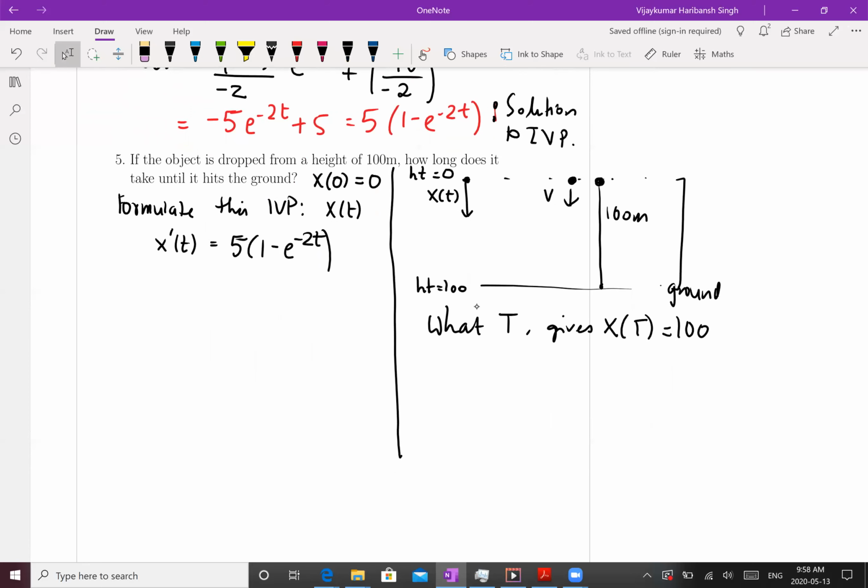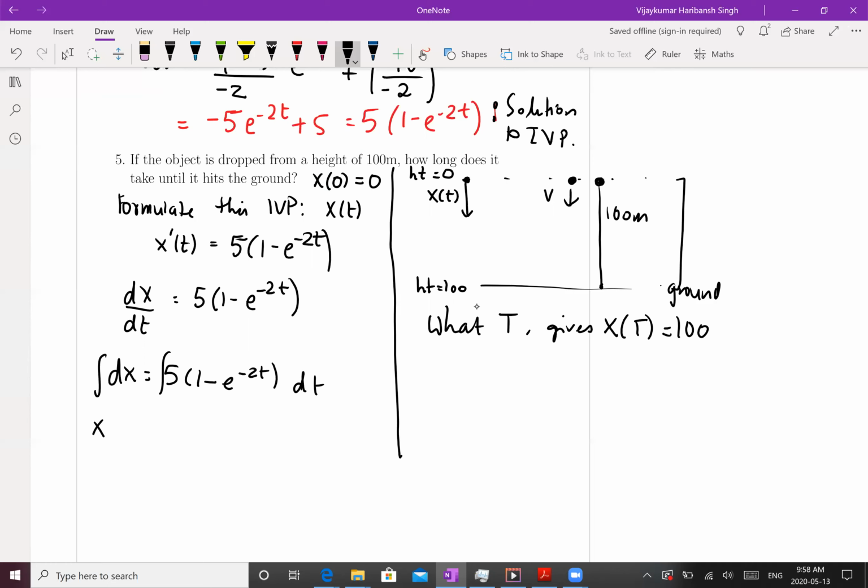So we want to solve this differential equation now. dx by dt equals 5 times (1 minus e to the power minus 2t). So what do we get? This is a separable differential equation. Integrate on both sides.